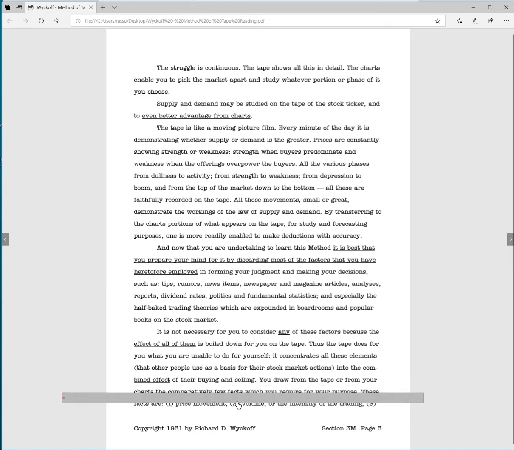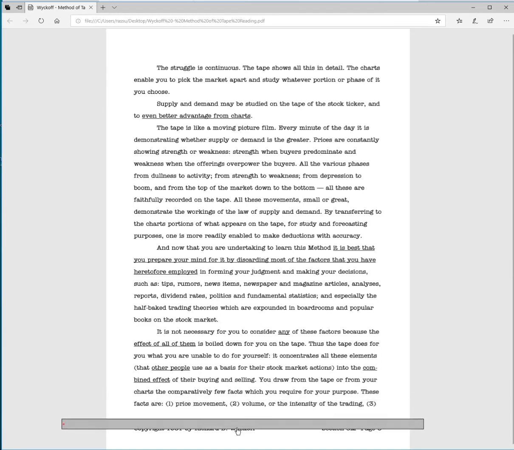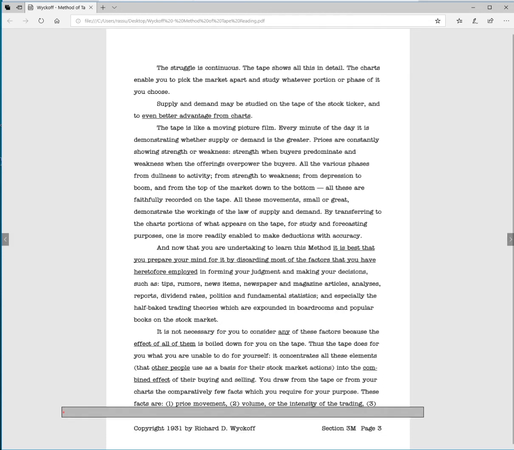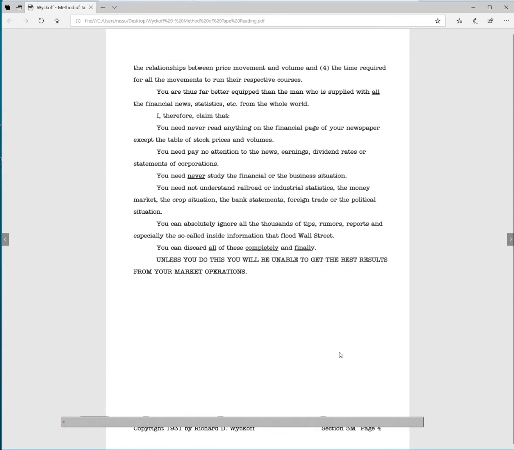You draw from the tape or from your charts the comparative few facts which you require for your purpose. These facts are price, volume, or intensity of trading, or force, or whatever you want to call it, and 3, the relationship between price movement and volume.